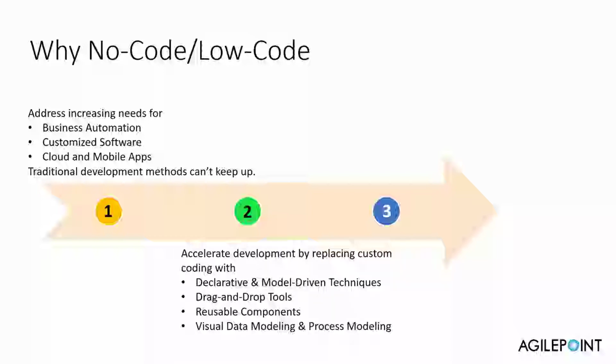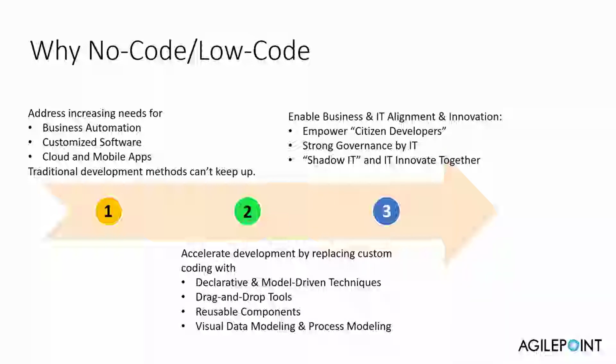So AgilePoint really looks to address these challenges head on, and does so by providing a powerful and intuitive platform with a large library of pre-built components, whether that's to model business process, to design compelling user interface forms, and integrate the data that you use to run your business. Many of our customers, to address this large increase in custom software, are looking to empower a larger group of users to contribute to the application development process.